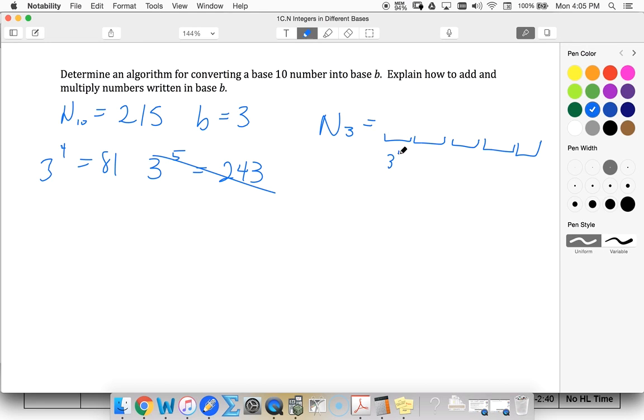So these are my 3 to the 4ths, 3 to the 3rds, 3 squared, 3 to the 1st, and my remainder. I know that I have 2 3 to the 4ths, so that gives me 162.